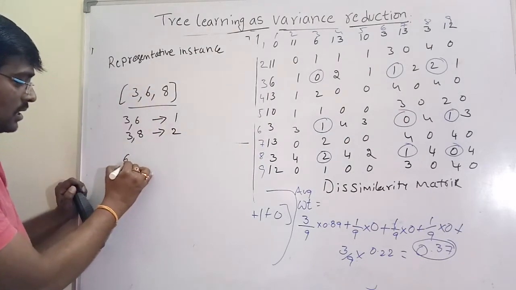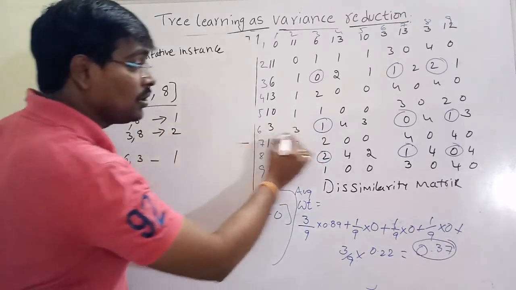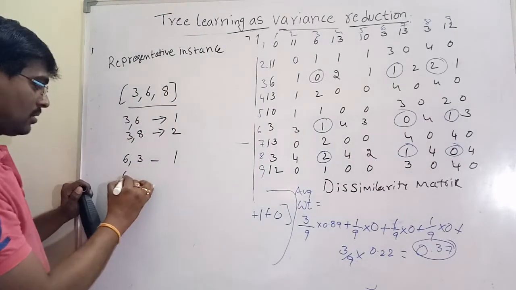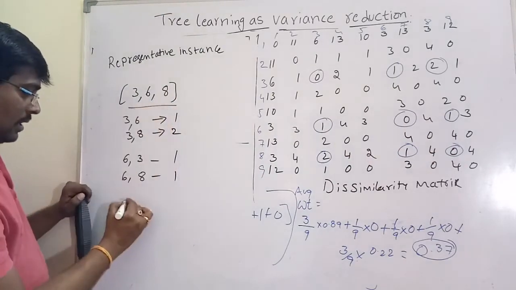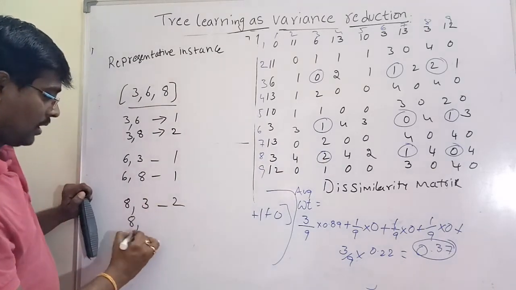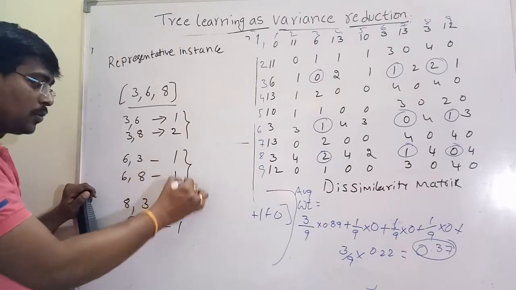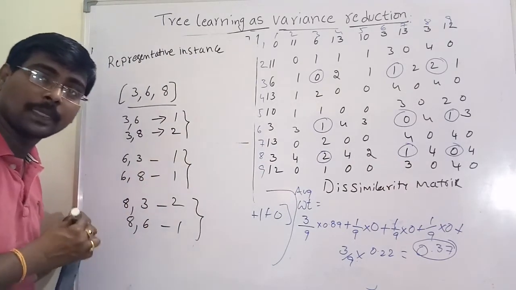Suppose consider 6. 6 to 3, the value is 1. 6 to 8, the value is 1. Similarly, 8 to 3, the value is 2. 8 to 6, the value is 1. So observe which one is the representative instance here.